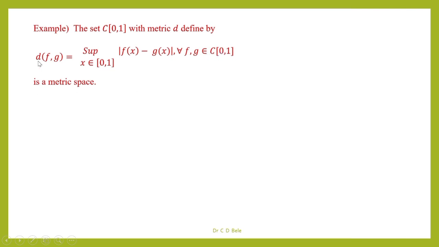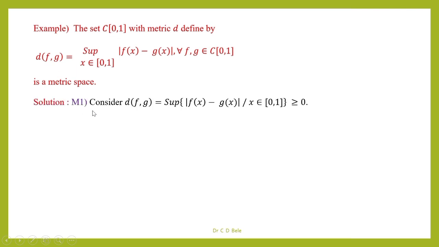Now we have to prove that this d is a metric on the set of continuous functions on the closed interval 0 to 1. So solution, consider d of f, g.